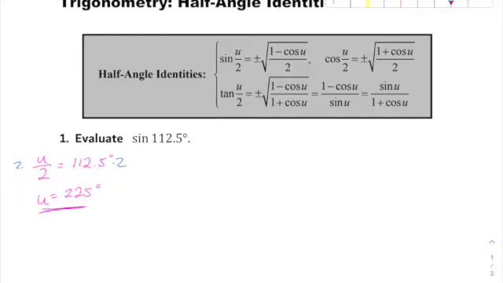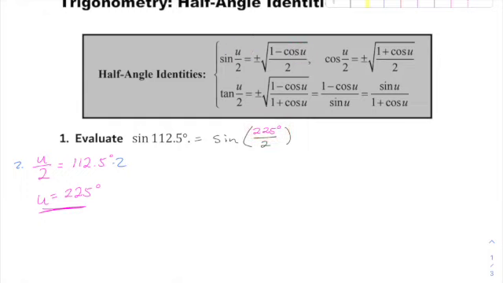So sine of 112.5 is equal to sine of, and I'm just going to rewrite 112.5 as 225 over 2, right? 225 divided by 2 is still 112.5. Now I've got it in that format where 225 is my u value that I'm going to substitute into the formula.